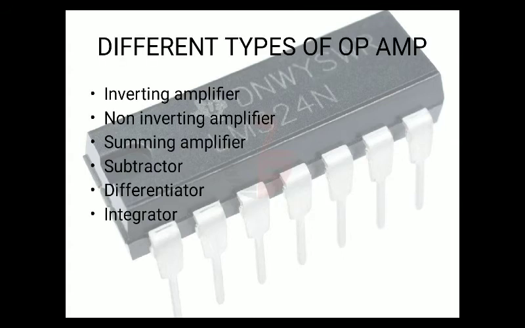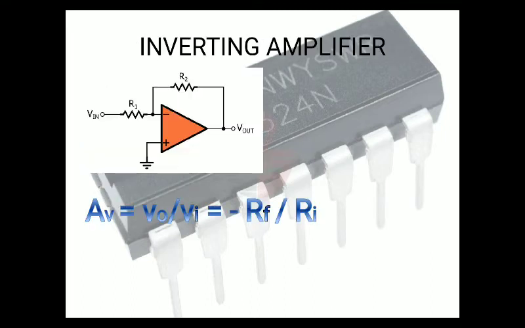There are 6 different types of op amp. They are inverting amplifier, non-inverting amplifier, summing amplifier, subtractor, differentiator, and then integrator. First, let us see inverting amplifier. In an inverting amplifier, input is given to the negative terminal, that is the inverting terminal, and the positive non-inverting terminal is grounded.